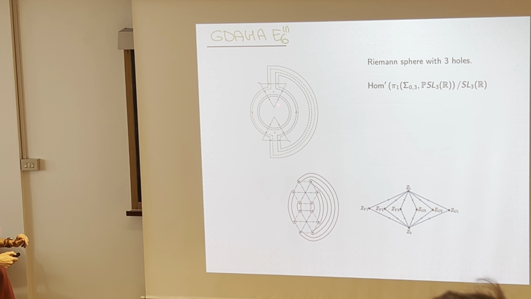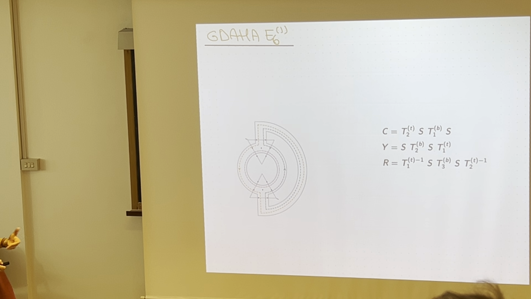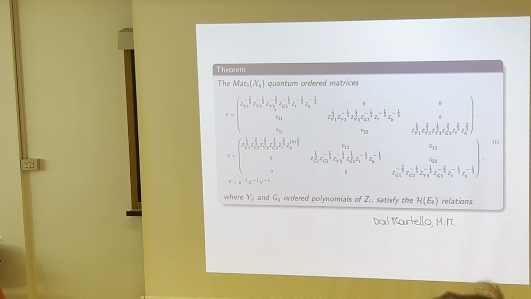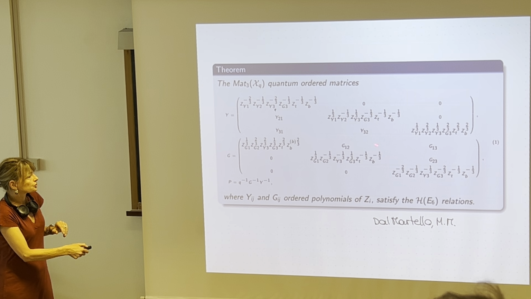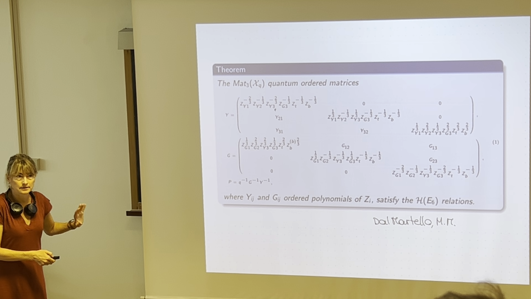In the same way, now we have chosen a different surface, in this case a Riemann sphere with 3 holes: this one, this one, and the one outside, and you can play the same game. I'm not going to show you. But then you can construct these matrices with their amalgamations, and there are some fairly excruciating formulae that I haven't written down.